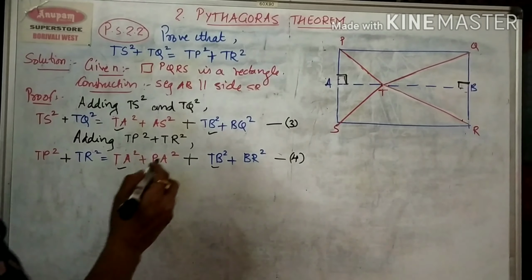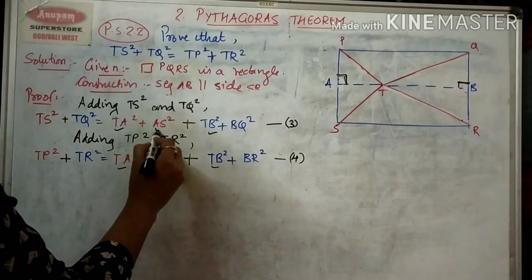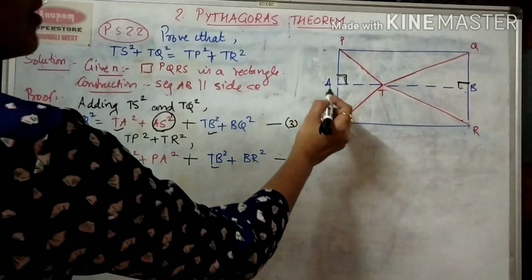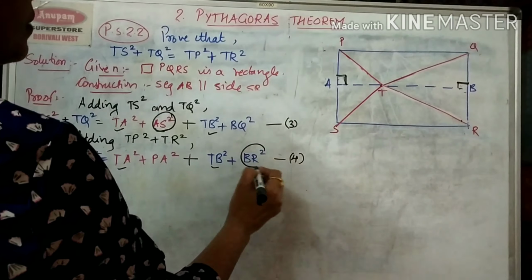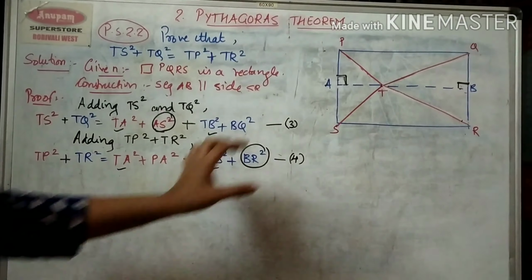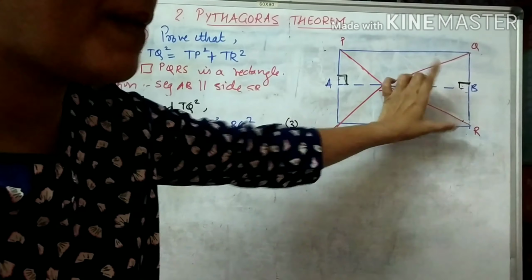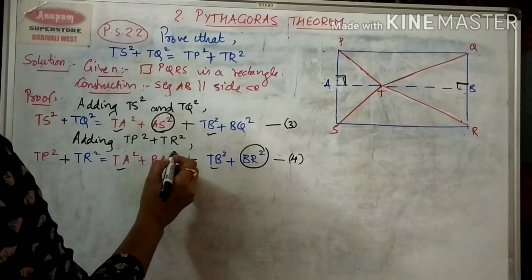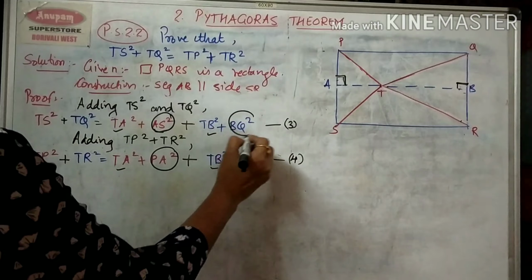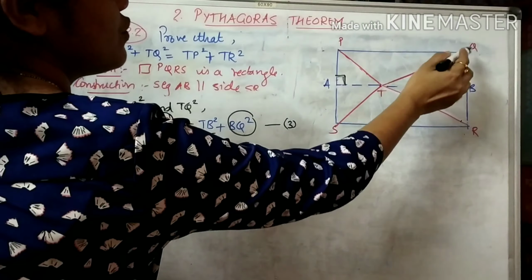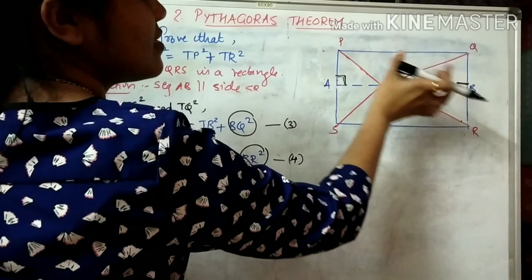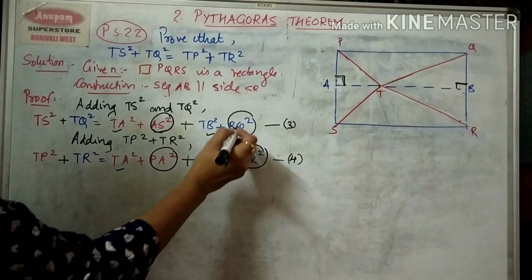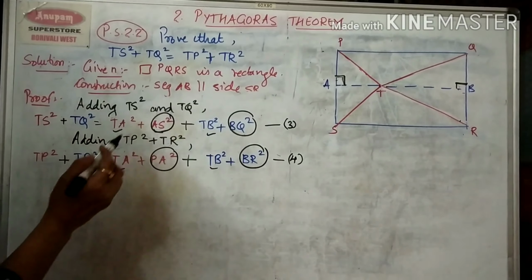This AS is equal to BR. Why? Because these are the distances between two parallel lines, and we have PA square equal to BQ square because these are also the distances between the two parallel lines, and therefore this is equal to this, this is equal to this, this is equal to this, and this is equal to this.